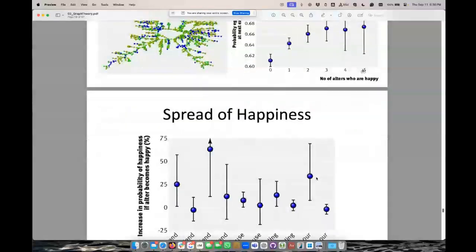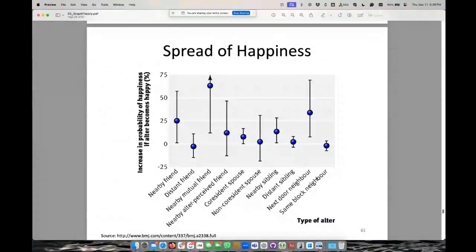Now, the other experiment that they did was, if we start to characterize the relationship types and then see which relationship type has the most impact on ego's happiness, right? Again, ego alter network. As you remember, the survey had asked to define your relationship.